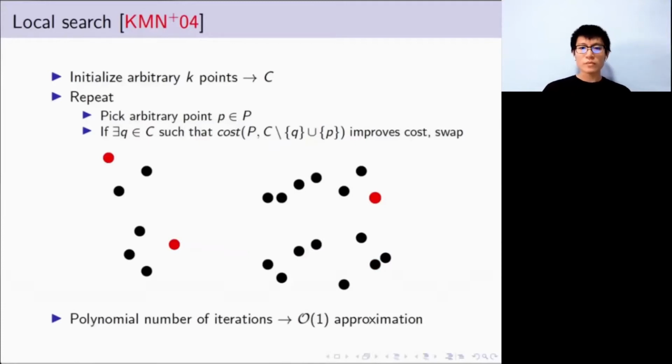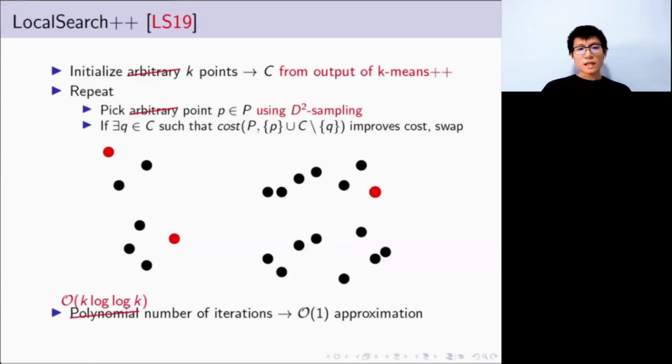And one can show that if you repeat this a polynomial number of times, you get a constant approximation. So that's the idea behind local search. So last year at ICML, Lattanzi and Sohler showed that if you replace the arbitrary choices by k-means plus plus and D-squared sampling, then you can actually show that k log k local search steps are enough.